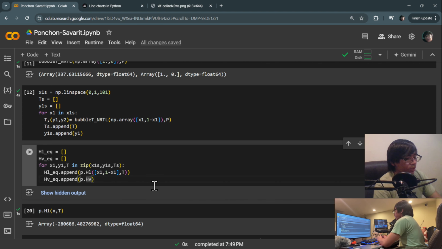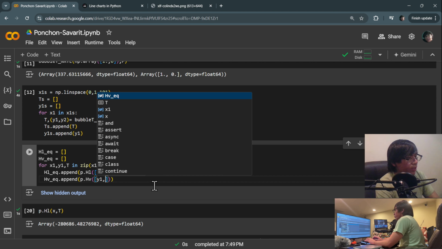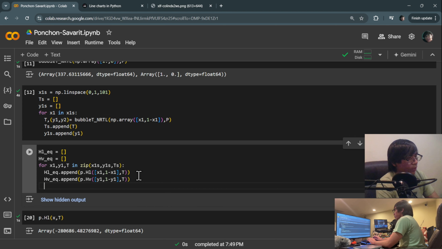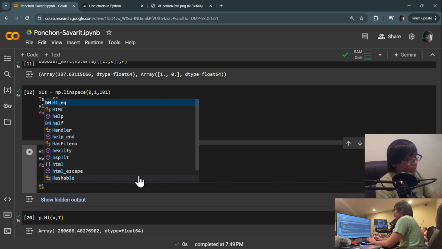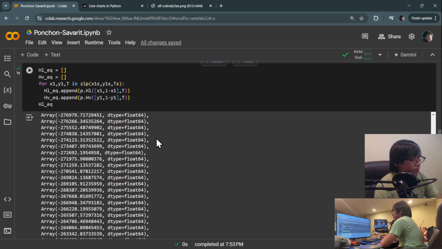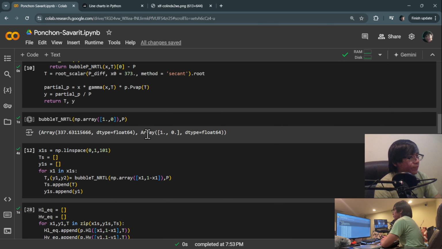So again, corresponding whatever we need to: y1, 1 minus y1, and the list, and then the same temperature that corresponds to that y1. And then let's just take a look at one of them. Let's look at HO, our list. Yeah, so it actually got filled, nice.